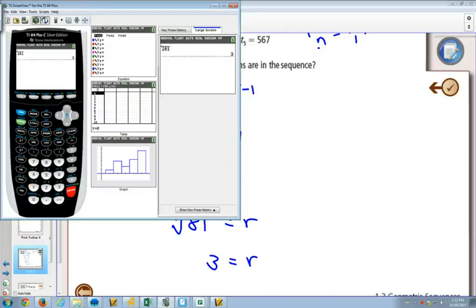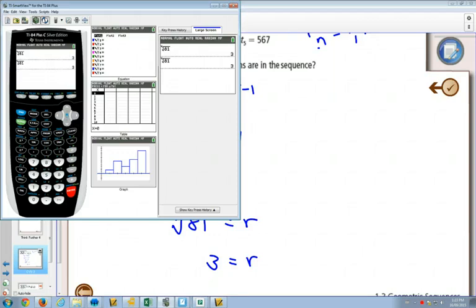Some of the older versions, you'll have to push 4 first, then hit the math button, go down to number 5, and it might say 4 x root, and it will put the 4 in there for you. So that is how you can write a fourth root.